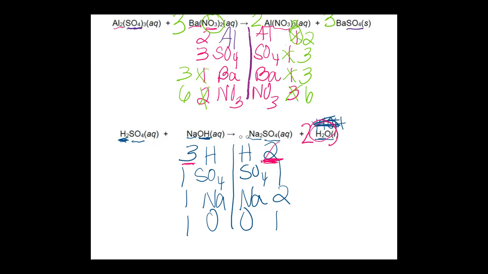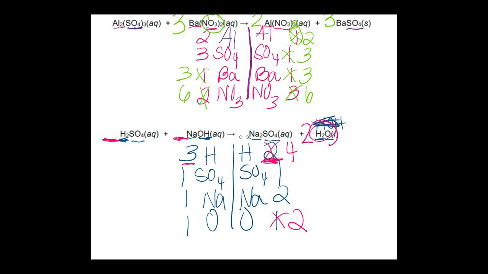That would give me 4 H's and 2 O's. Let's see where that gets us. Well, my H's don't align, but I don't know where I would want to add more. Would I add it in front of Na, or would I add it in front of my H2SO4? So sometimes if you're not quite sure, I skip on and move to the next one.